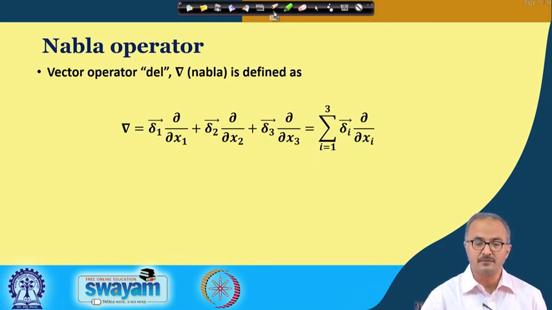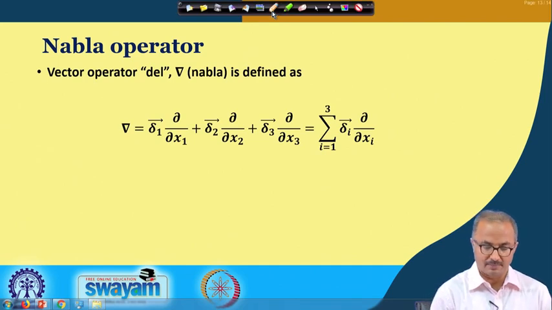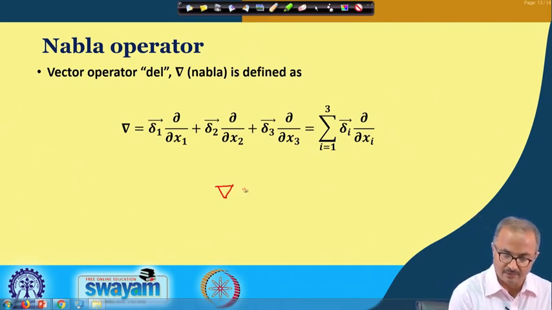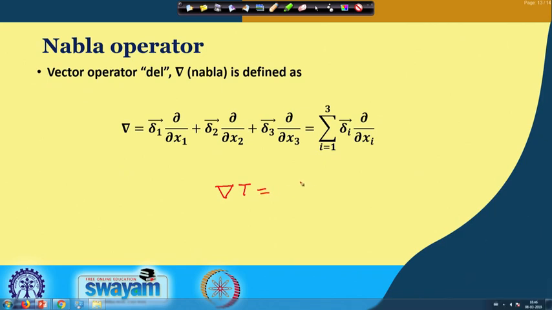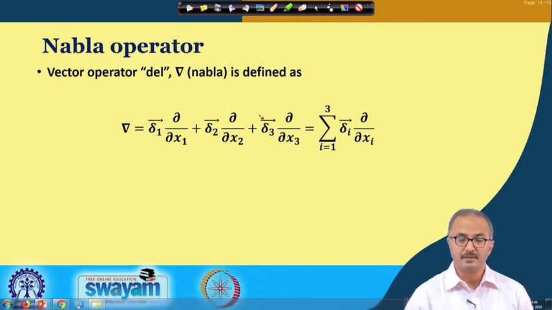So if you are talking of, say, Nabla T in the Cartesian coordinate, it will look like dou T by dou x into i, plus dou T by dou y into j, plus dou T by dou z in k. So this is how we are representing this Nabla operator in the Cartesian coordinate. Now understand this, with change of the coordinate system, the Nabla will take different forms. This you must remember.